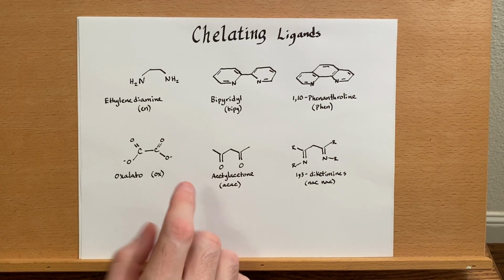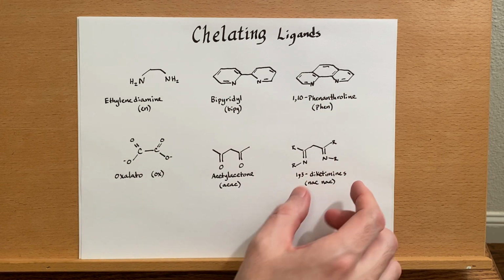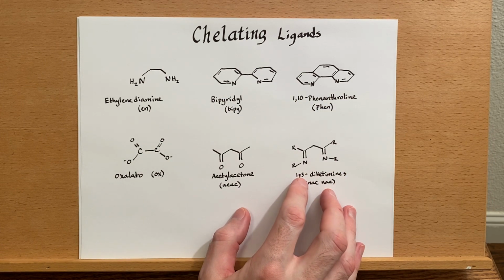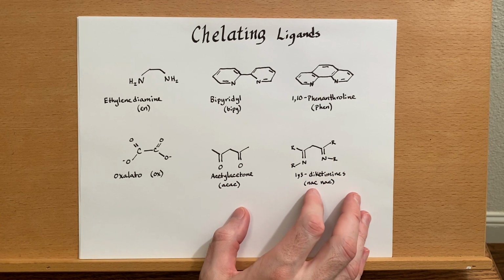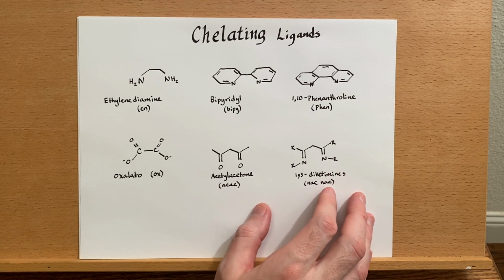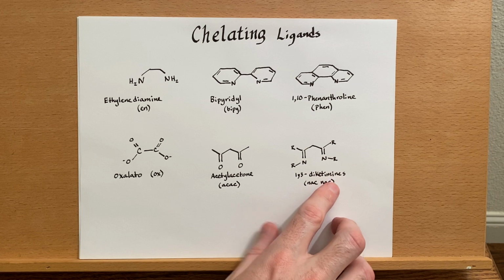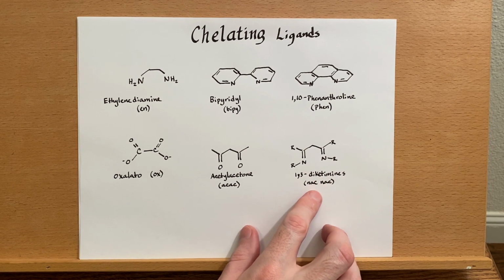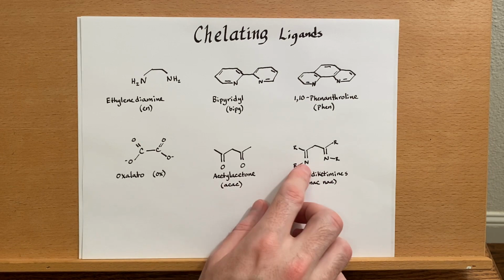And then very similar to that, just so that my drawings had a completeness here, I added 1,3-diketamines, and they're commonly abbreviated NACNAC. And it has nothing to do with the original name here. It's actually called NACNAC because it's very similar to the ACAC ligand structure, except with nitrogen.